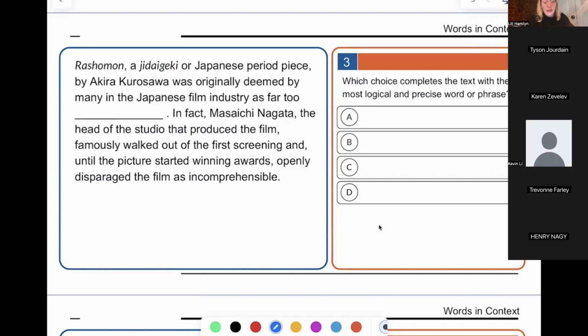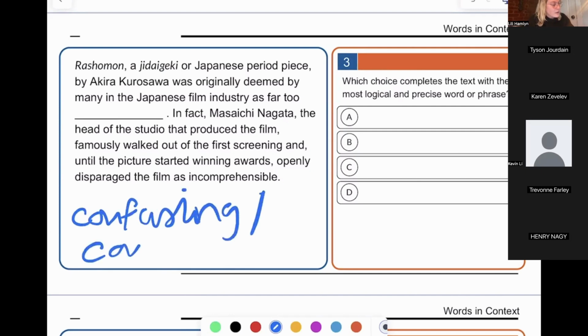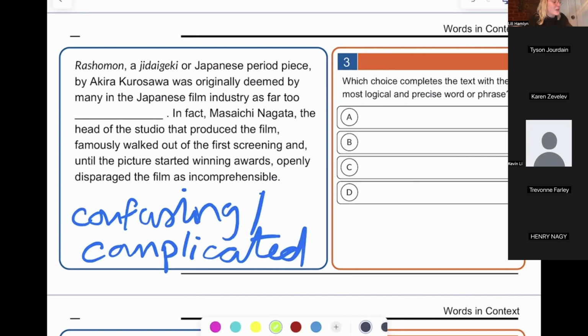I think that, yeah, confusing is really good. Complicated is good. What we've got here is it says like in fact the head of the studio walked out of the screening and disparaged the film as incomprehensible. So like confusing and complicated are all fantastic options.